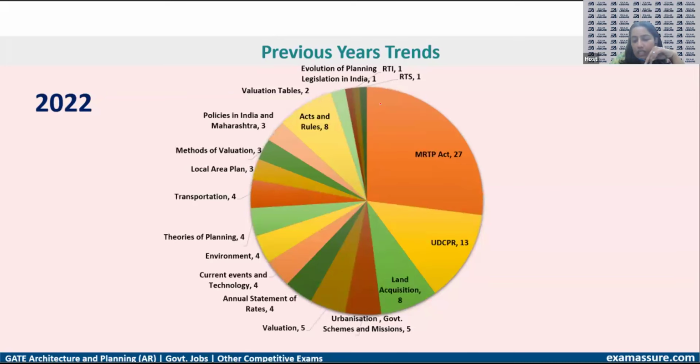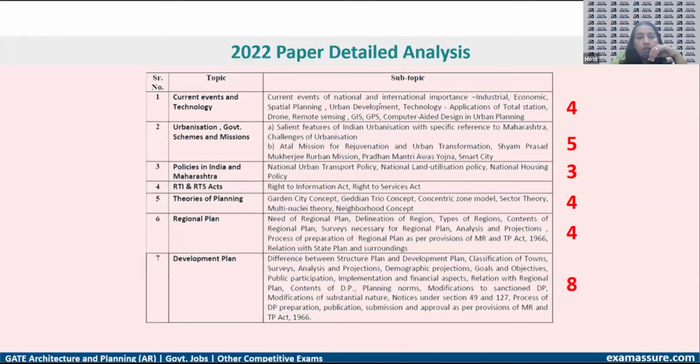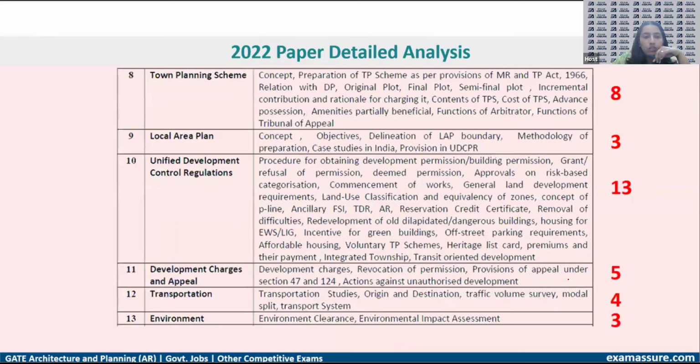And if you look at the detailed analysis of the 2022 paper, you have roughly 4 questions from current events, 5 from government schemes, 3 from policies, theories of planning, major parts, regional plan, development plan. All of these are your MRTP. Okay, 4 questions, 8 questions.